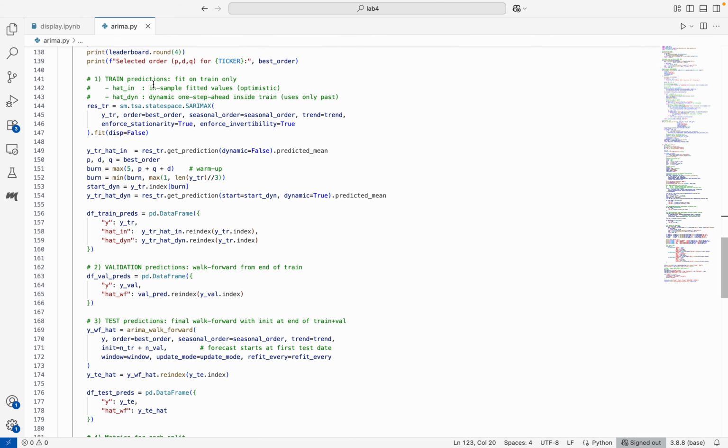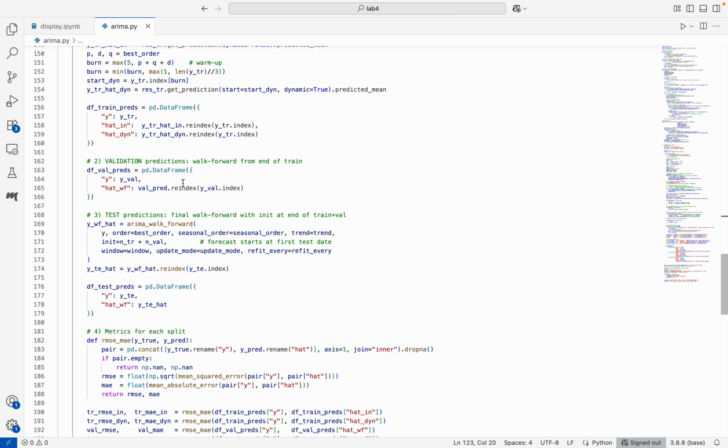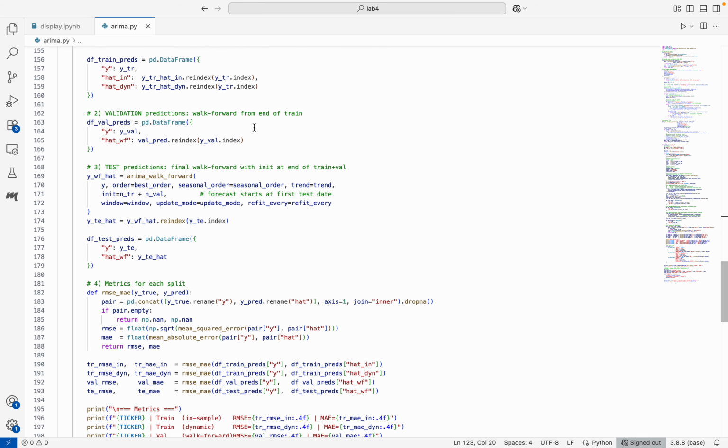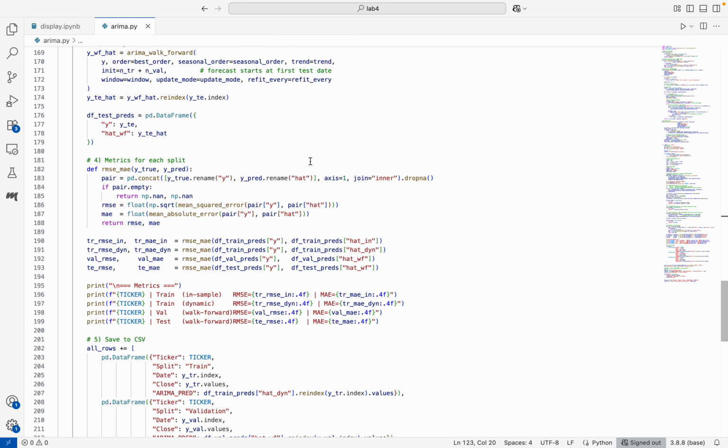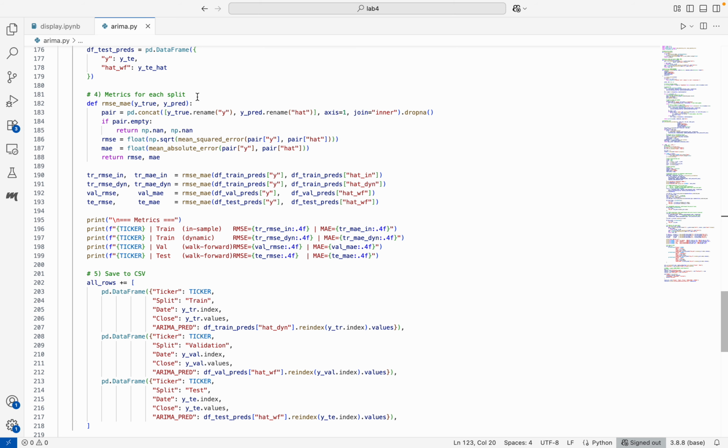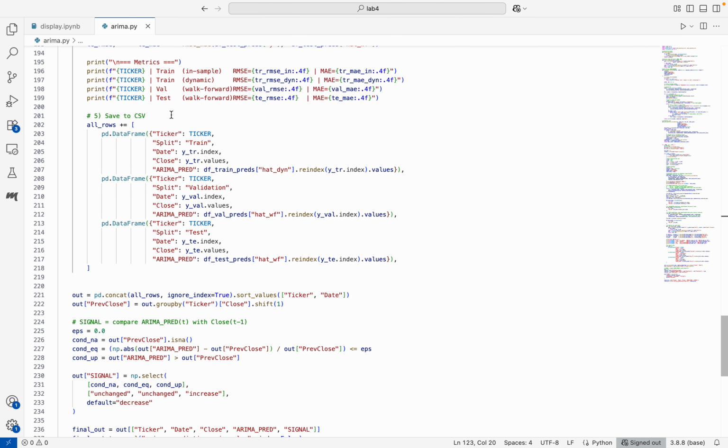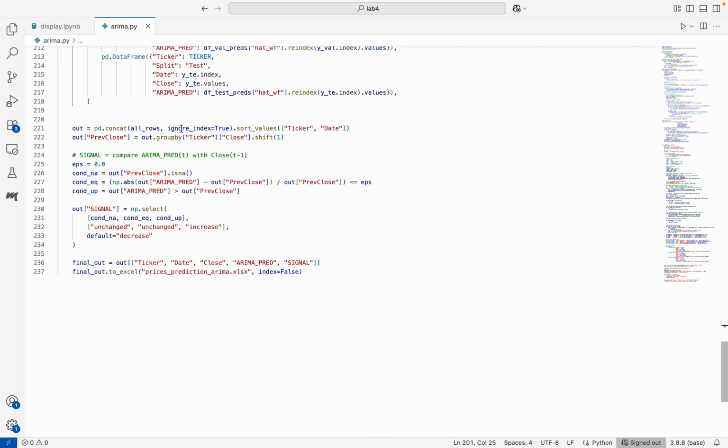And then we train the model on the training set and evaluate the model on the validation set, and finally make the prediction on the test set. And then we calculate the metrics for each split and save the results to a CSV file.